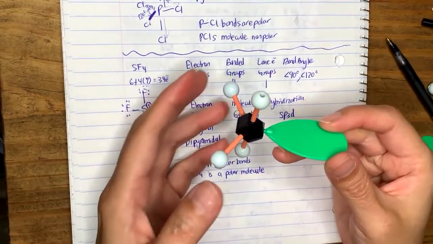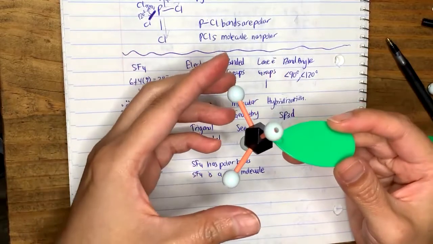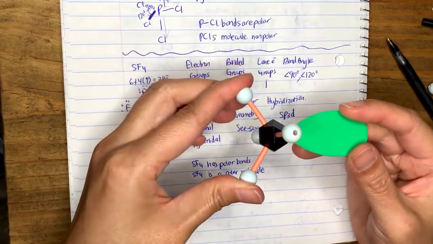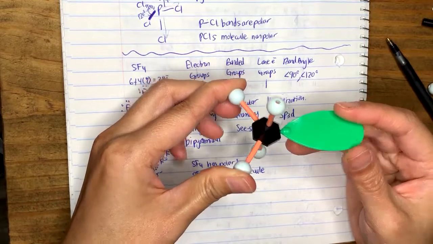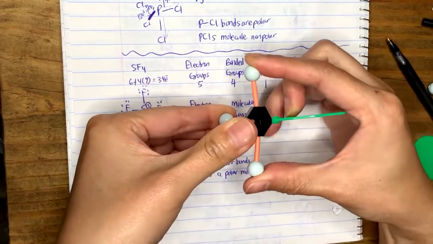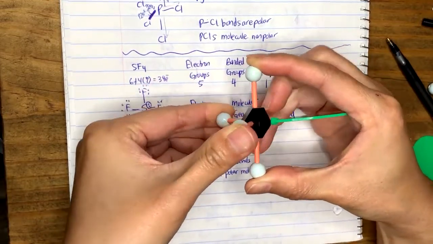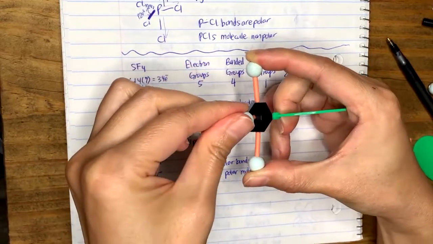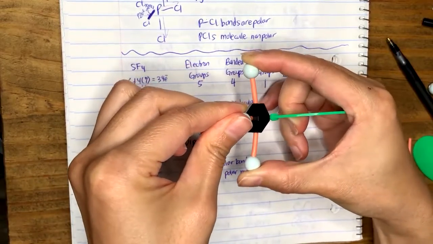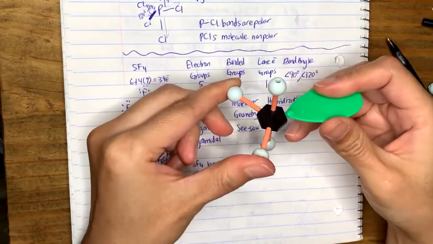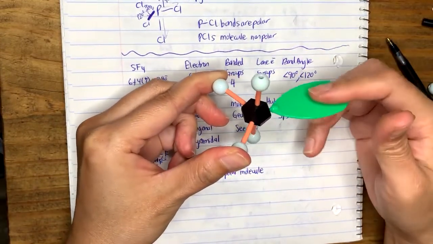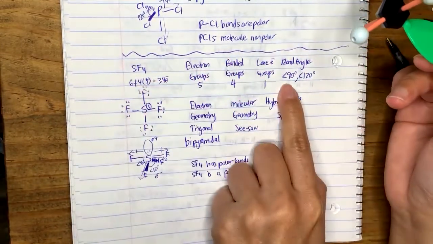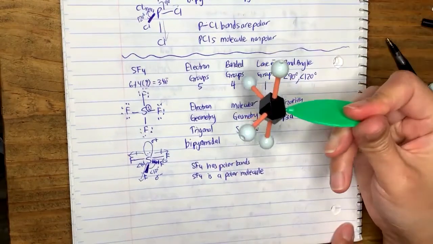When you put a big cloud in, what happens to the bond angles? This one is going to shrink to less than 120. From here to there, it's going to shrink and be less than 90. It's going to bend in that way, and then this one is going to bend in towards, because this guy is pushing everyone closer. So the bond angle is less than 90, less than 120.